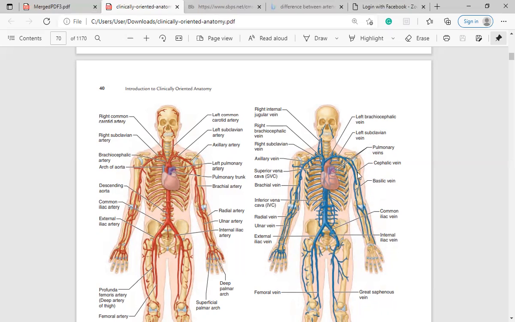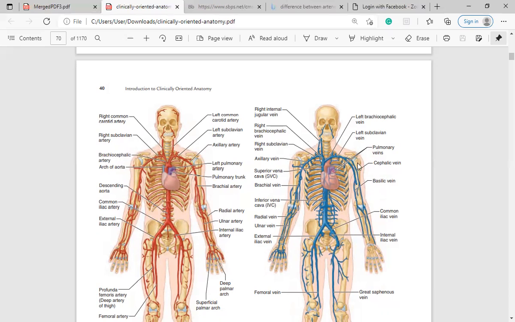Now, on the left side of this vein, you have what is called a cephalic vein. Now this cephalic vein and basilic vein, you do not have on the arteries. You only had a brachiocephalic artery.